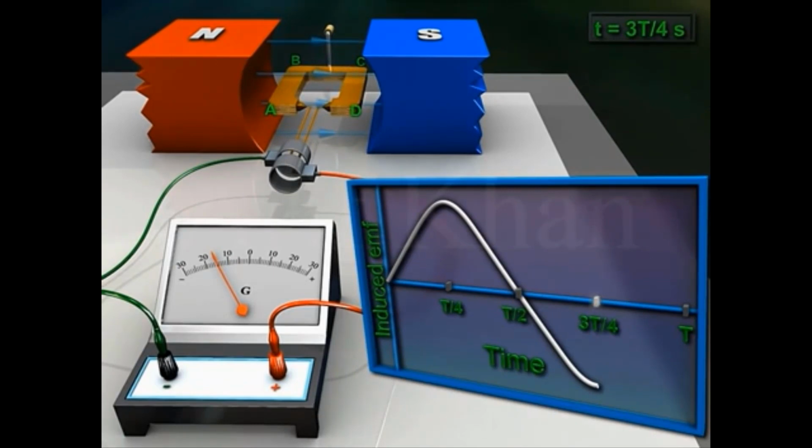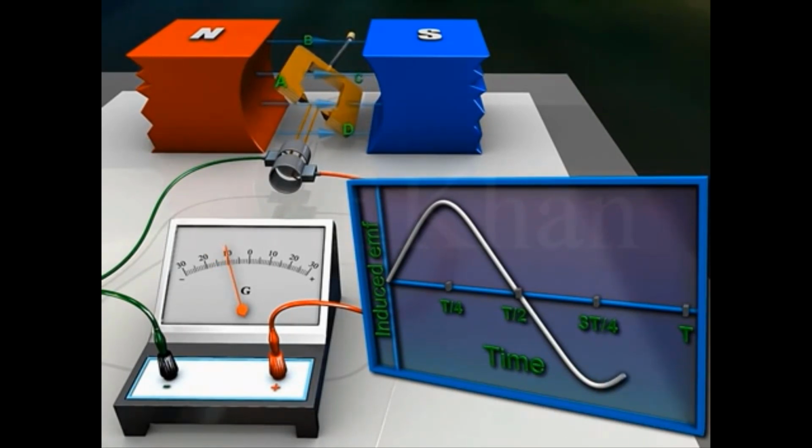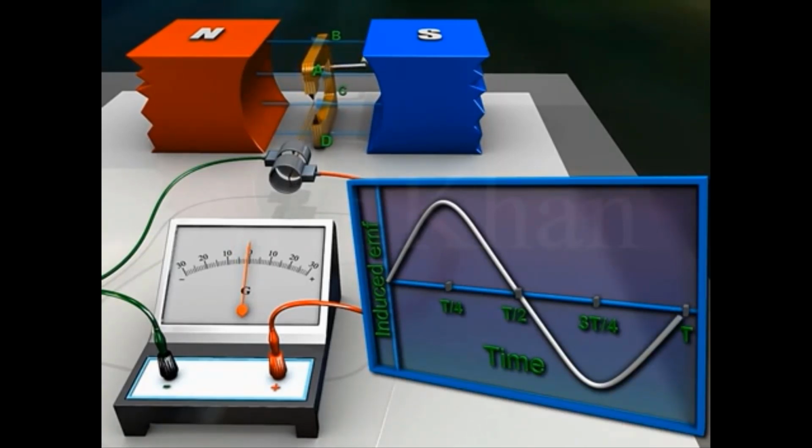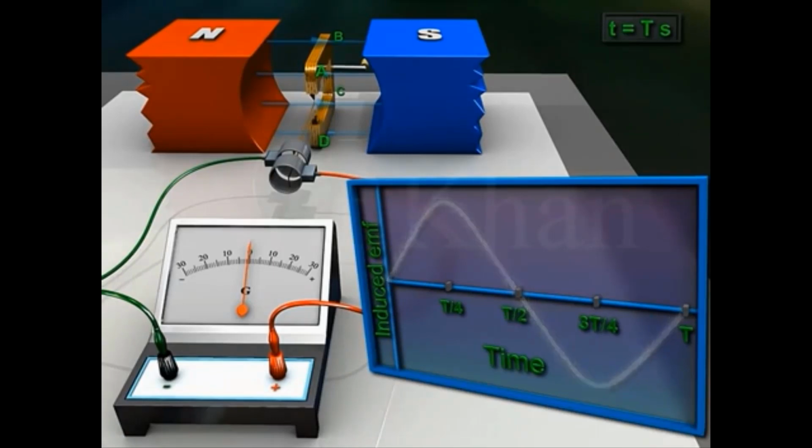At time 3t upon 4 seconds, the induced EMF attains its maximum negative value. During the fourth quarter rotation, the induced EMF decreases and becomes zero momentarily at time t seconds, as the armature is vertical once again. So the magnitude of the induced EMF is sinusoidal.